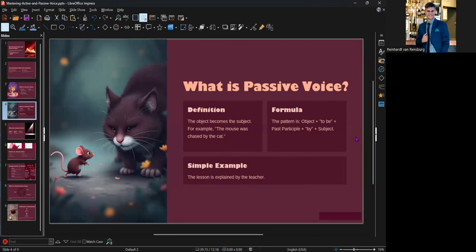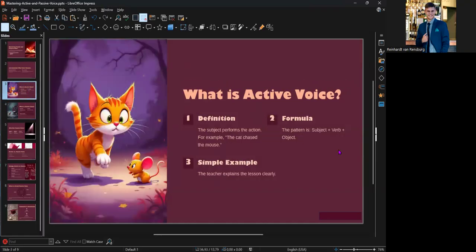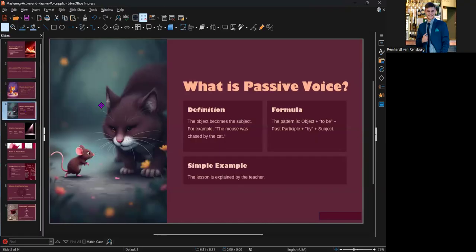Notice how in each case the emphasis is now on the receiver of the action instead of the doer. So here we have subject plus verb plus object in the active voice, and in the passive voice we have object plus to be plus past participle plus by plus subject.